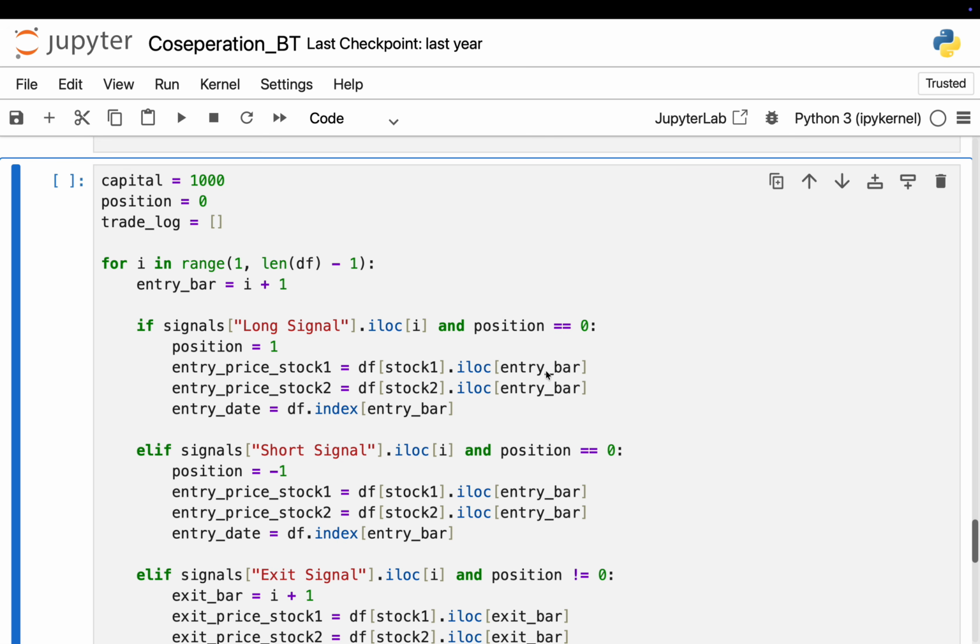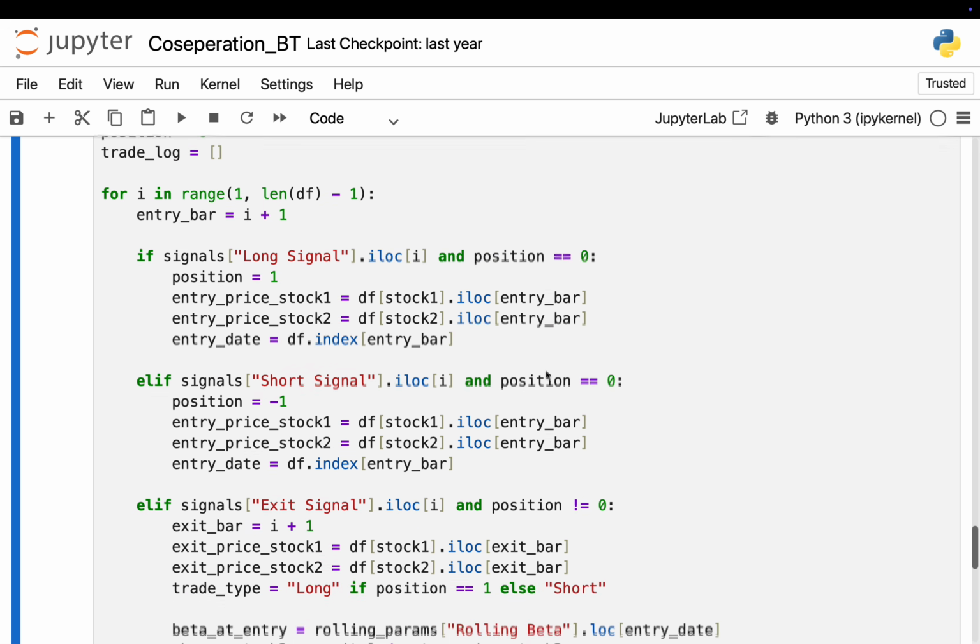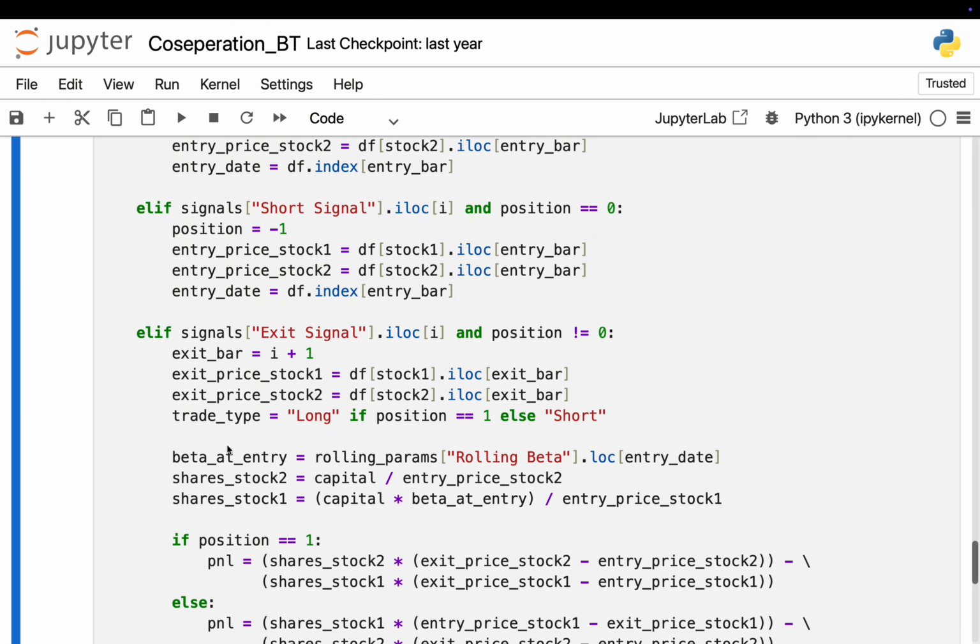Now, this is where a lot of pairs trading implementations cut corners. We don't put equal dollar amounts into both legs. Instead, we scale the stock 1 leg by the rolling beta from our regression. The reason? Beta tells us how many dollars of stock 1 move for every dollar of stock 2. If beta is, for instance, 0.7, then for every dollar stock 2 moves, stock 1 historically moves about 70 cents in the same direction.